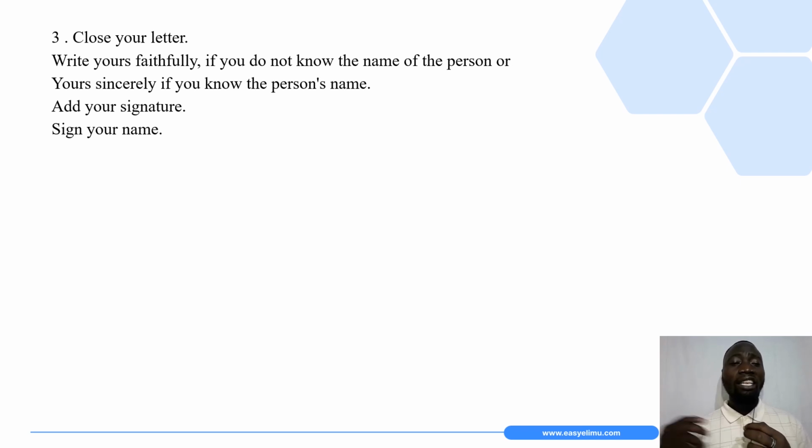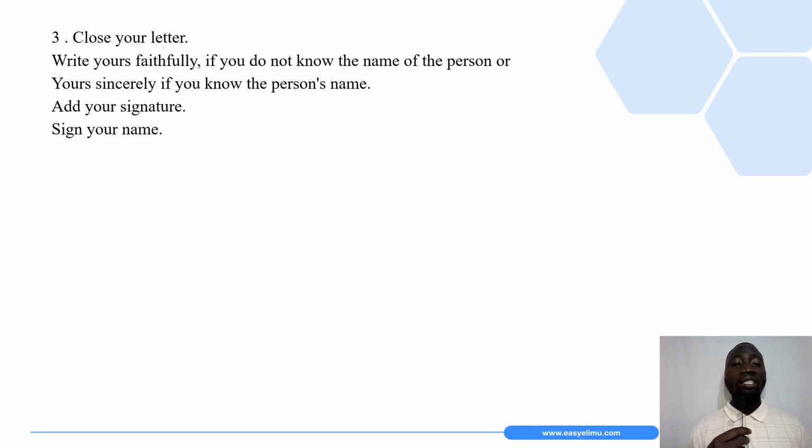So after the closing remark, append your signature. Then after the signature, write your name. So remember to follow that order. If you start with your name, then you move to signature, you will be penalized for wrong formatting.